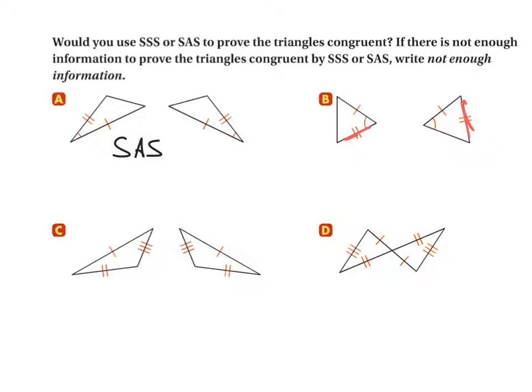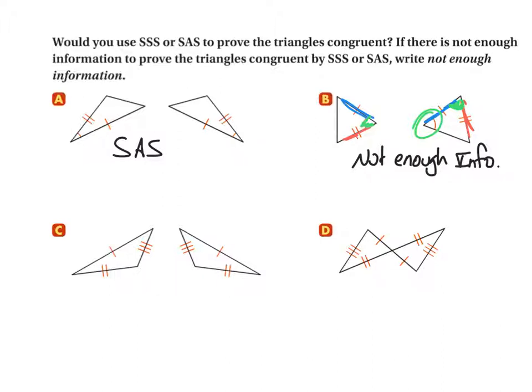We got another side here, congruent to this side there. We have an angle in between them here, but oops, it's not the angle there. The angle's in the wrong spot. And so we have not enough information, because the information we have doesn't actually help us.